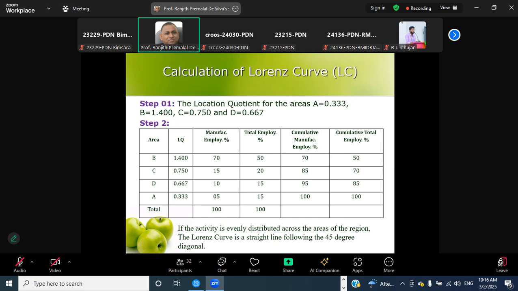So total employment in these areas, you don't need to arrange it in that order, but it automatically comes: 50, 20, 15, and 15. And then you take the cumulative value of each column. Manufacturing employment percentage cumulative, you get 70, 85, 95, and 100. Cumulative total of employment, 50, 70, 85, and 100.